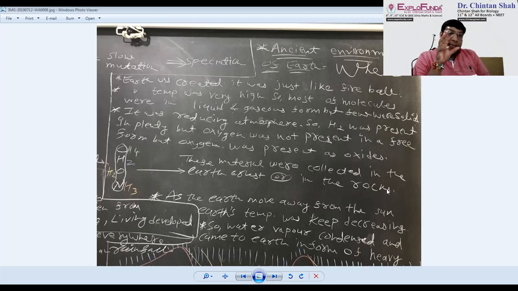So as the earth is moving away from the sun, its temperature is decreasing. The moment its temperature becomes below 100 degrees Celsius, water vapor started to condense and transform into water.